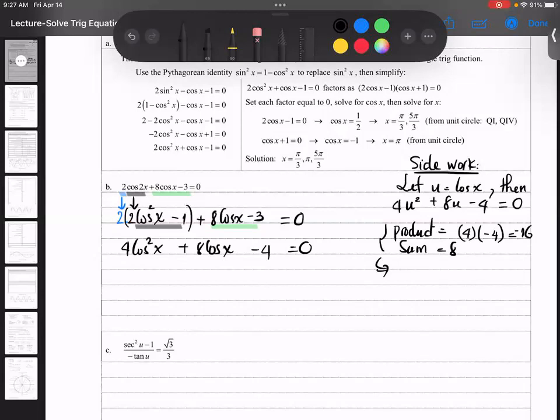It's a very, very popular mistake. So that means 2 times -1 is -2, minus 3 is -5. Now A times C is 4 times -5, which is -20.